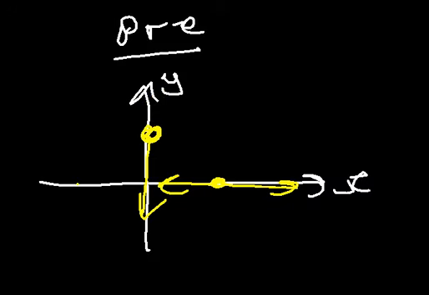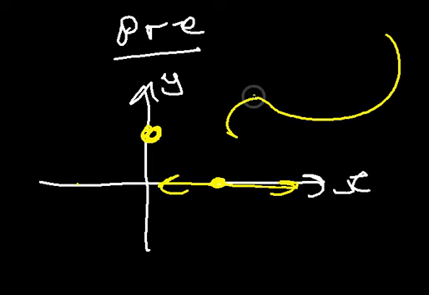But now, what if the object is moving in a curvature or in a curve? Let's say this is the case. How can you tell the direction of the object which is moving? Let's say it is at this point. So how can you tell the direction in which the object is moving?